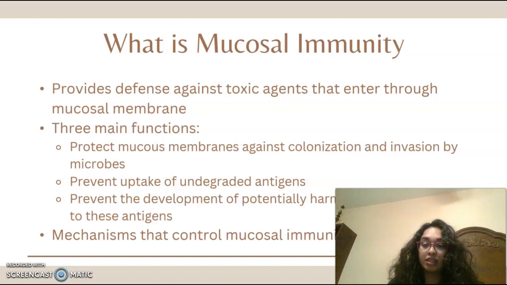Next is to prevent the uptake of undegraded antigens, including foreign proteins derived from ingested food, airborne matter, and commensal microorganisms. And lastly, to prevent the development of potentially harmful immune responses to these antigens if they do reach the body interior.